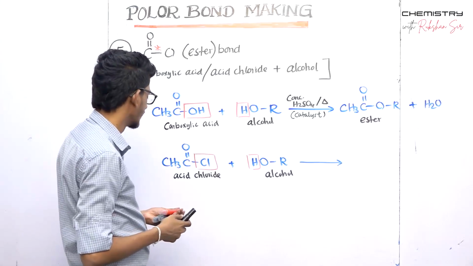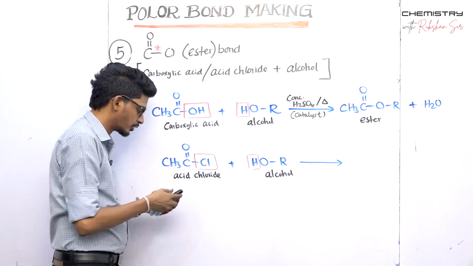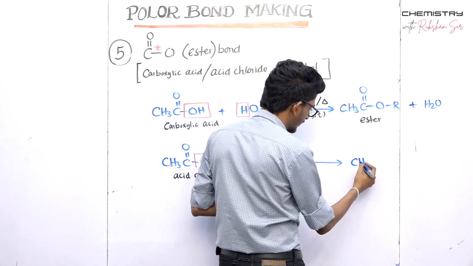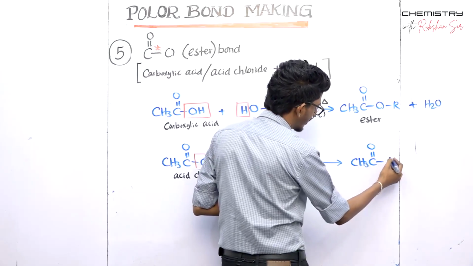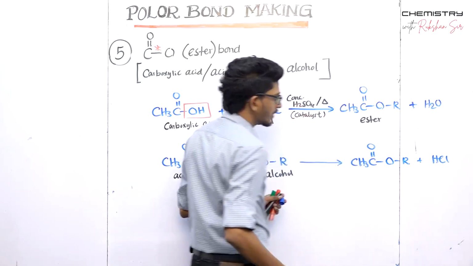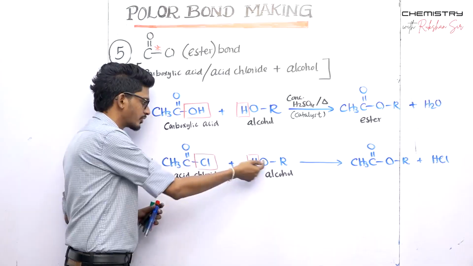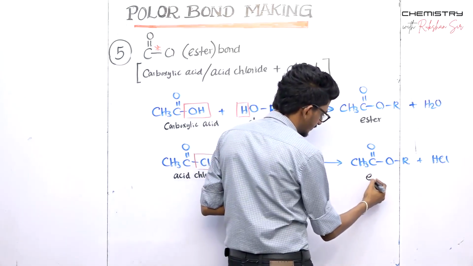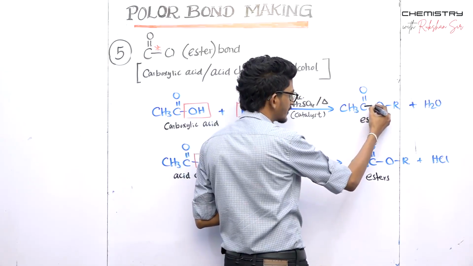No need of a catalyst to form the ester from acid chloride. That Cl and H leave, and then the carbon and the oxygen will connect. So these are the esters, and these are referred to as the ester bond.